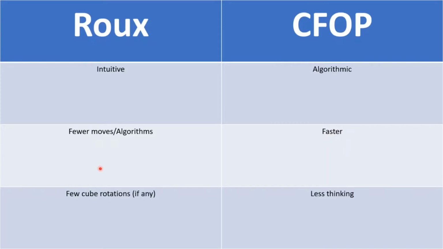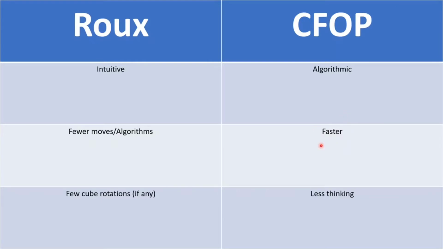And Roux has fewer moves and algorithms, so if you don't like memorizing, maybe you want to go with Roux. But on the other hand, CFOP is faster than Roux, and these two can be a little contradictory. Now, if you have a high TPS, turns per second, you're probably faster with Roux rather than CFOP.